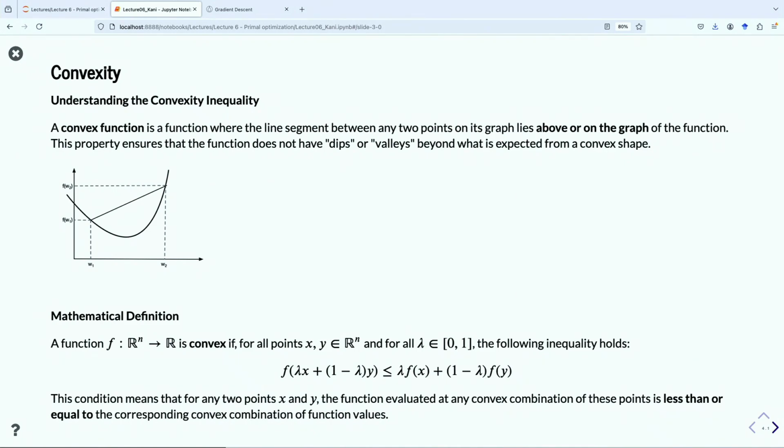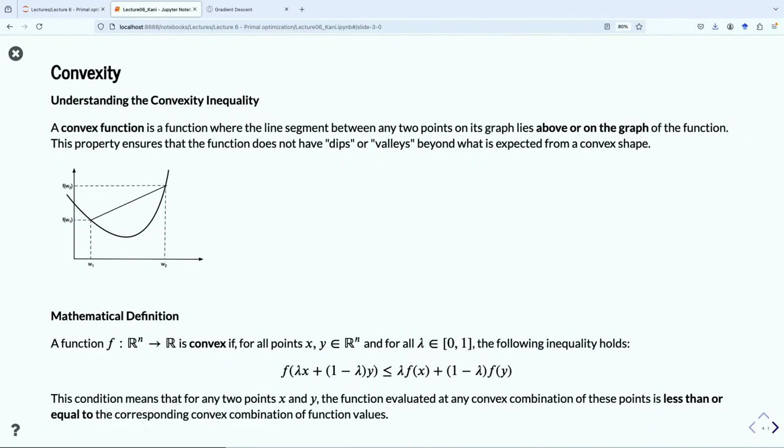It has to be true for all values of lambda. So this is literally saying that for every point along this line, so for every lambda along that line, this property holds true. Less than or equal to. So the equal sign is important because it could be a straight line. A straight linear line is also convex. So you need that equal to.